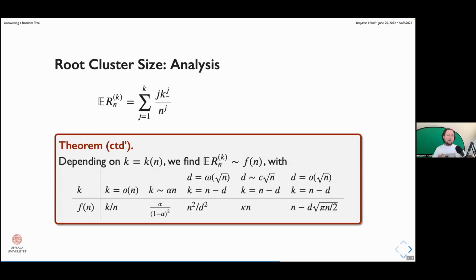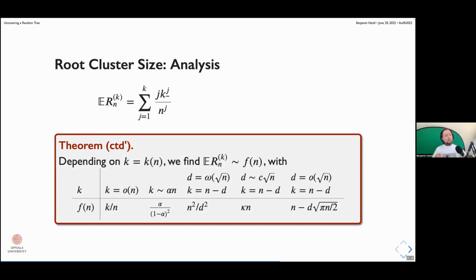As long as k is little o of n, the size of the root cluster is k over n, very small. As soon as we have uncovered linearly many vertices in the tree, the size of the root cluster is a constant, as long as alpha is less than 1 at least.